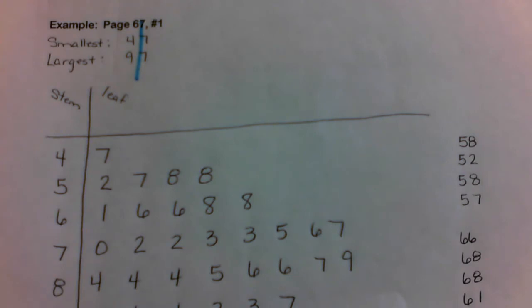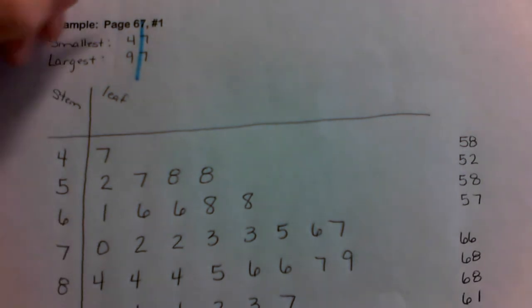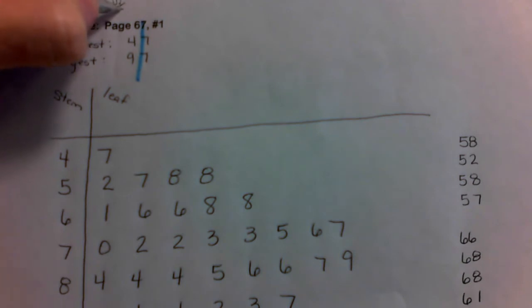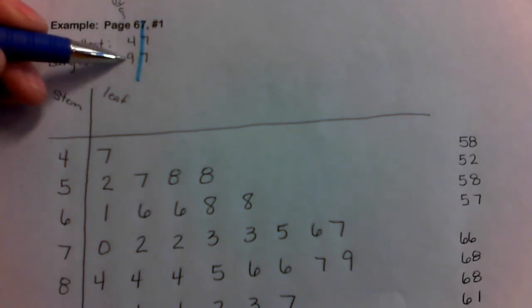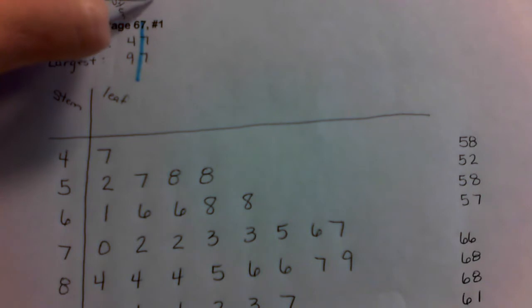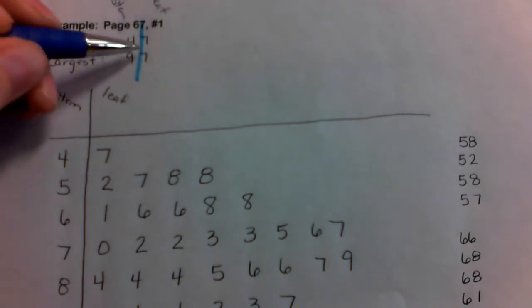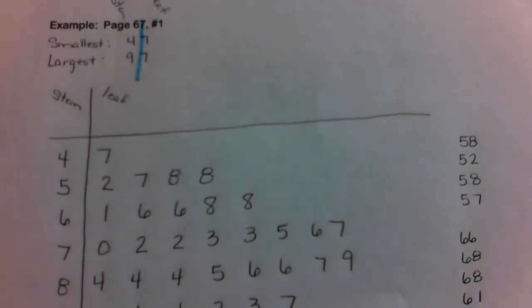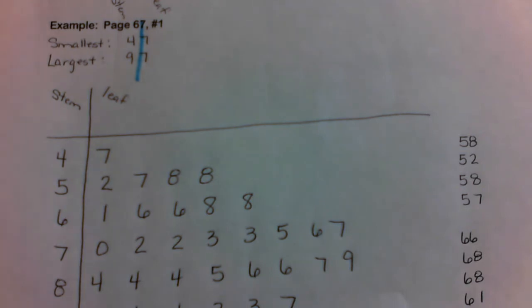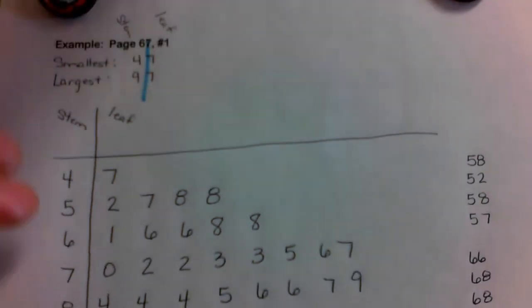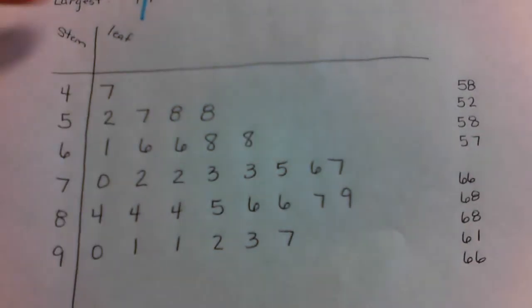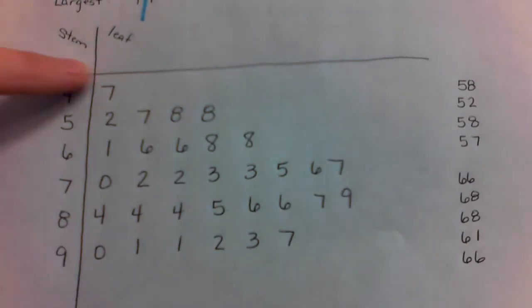Once we do, your far left values are known as the stem, so the 4 and the 9 would be the stem, and the numbers on the right are known as the leaf. So these two 7s would be known as the leaf, okay? Then I created and drew these 2 lines right here.